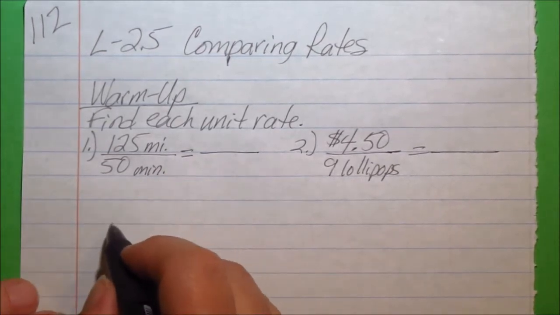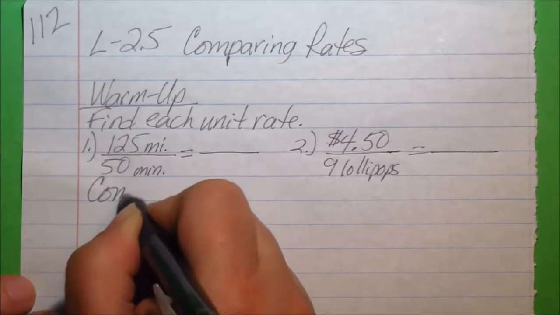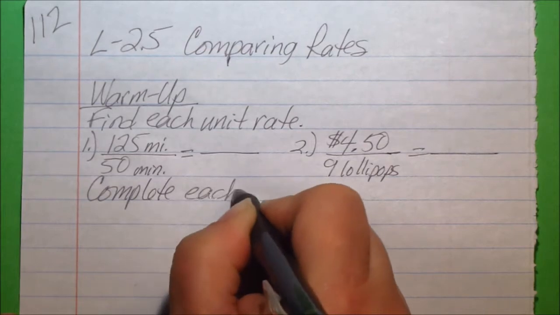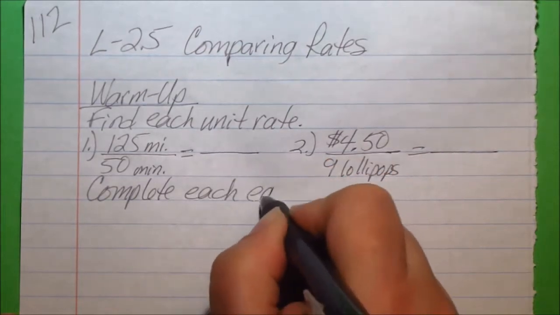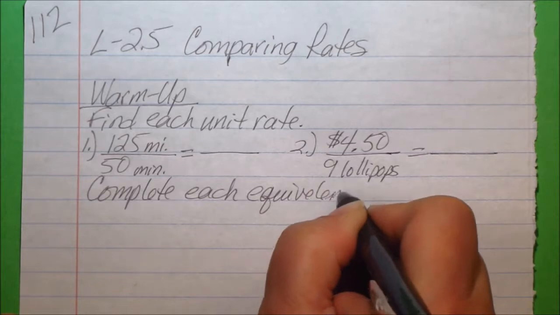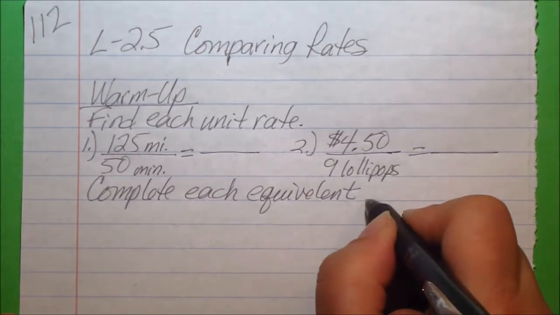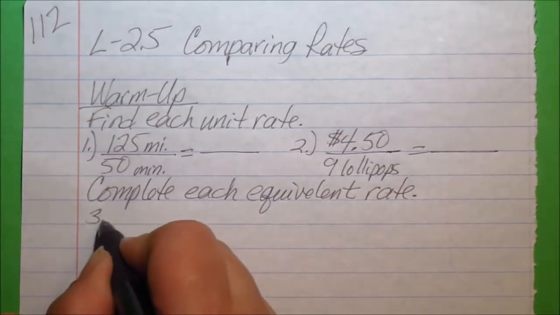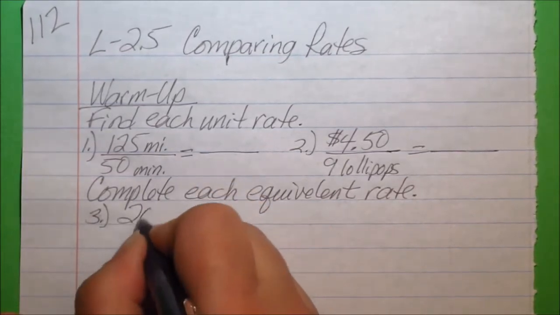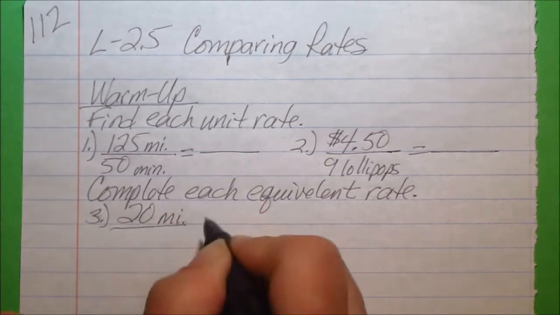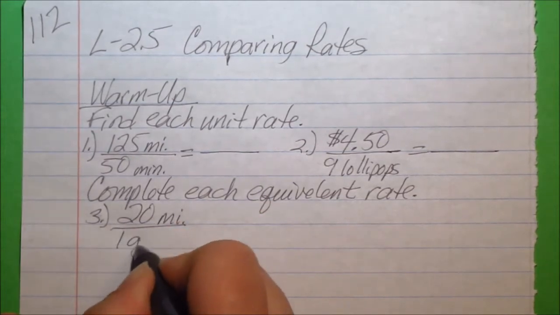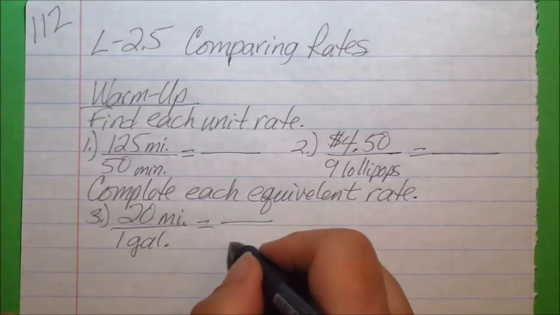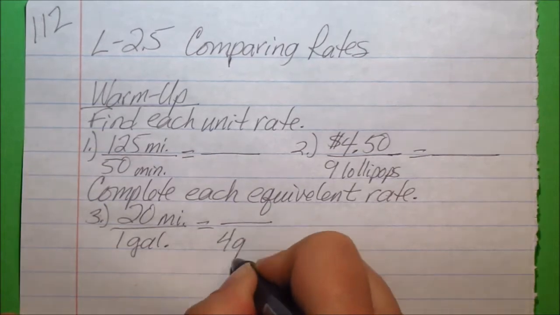All right, and then the next one is, let's see, how am I going to do this? Oh yeah, okay. Complete each equivalent rate. And number 3, we have 20 miles per 1 gallon is equal to how many miles per 4 gallons?